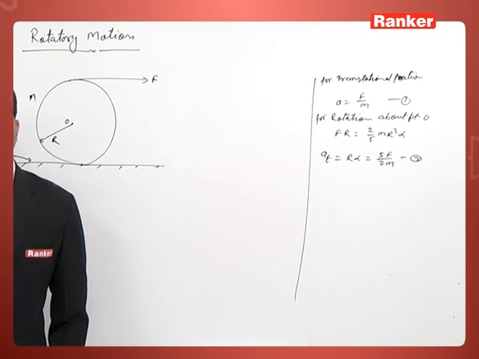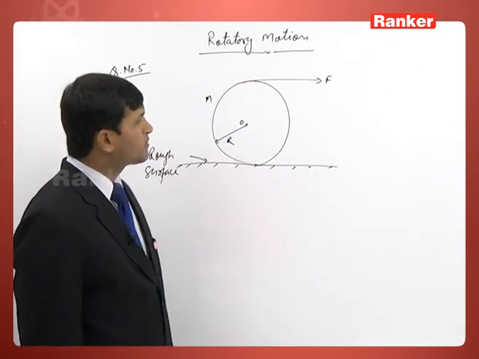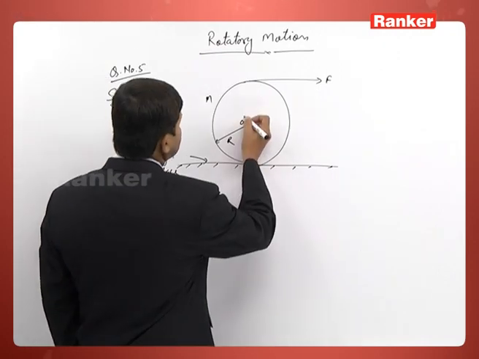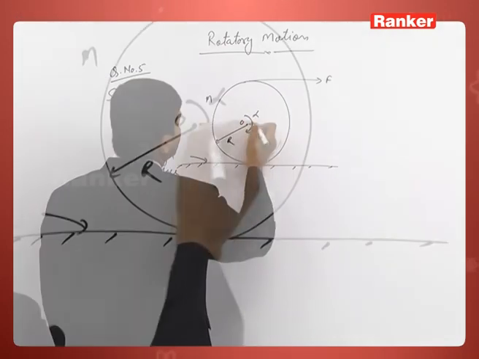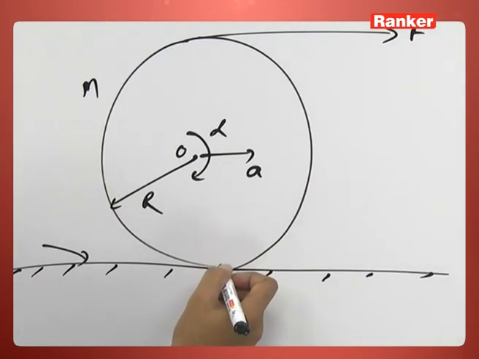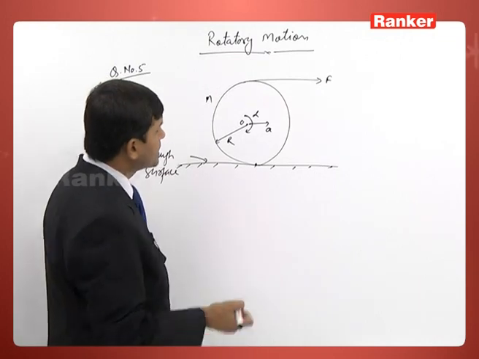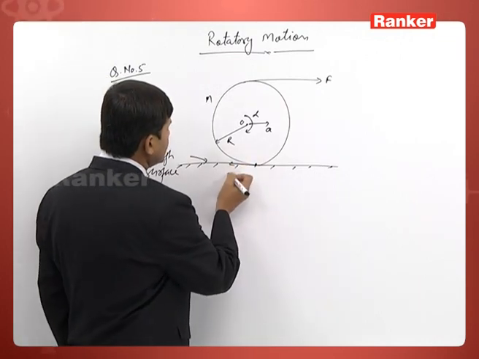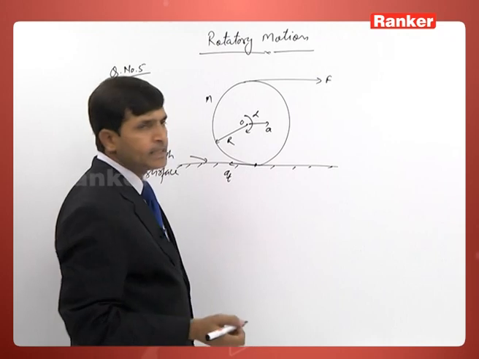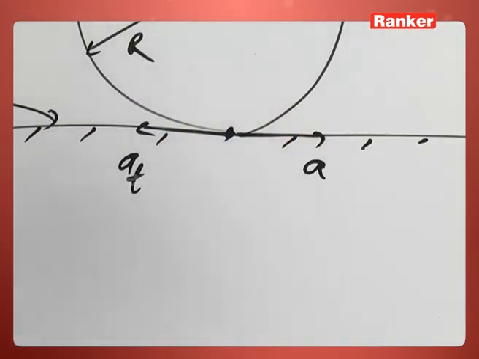So if we are not considering the effect of friction, what we found is this alpha, and this is your A. So the point of contact has tangential acceleration this way and translational acceleration on this side.